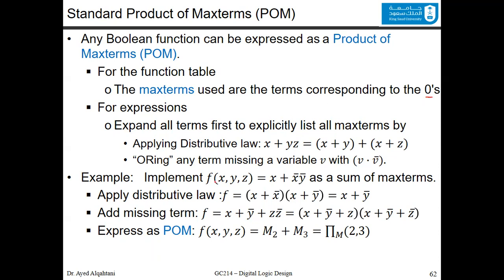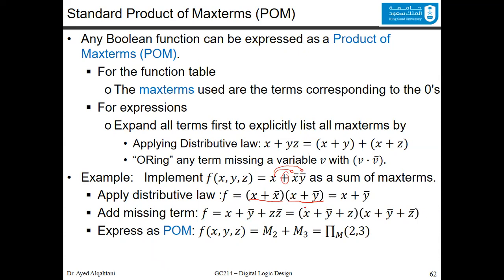As an example, if you take the same example that we had before, and now we want to generate the product of max terms. To do that, you do the distribution. And remember, you could distribute the or to the and. You could say x or x bar, and it with x or y bar.